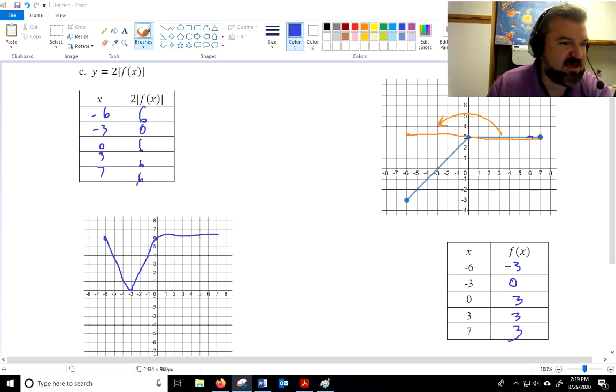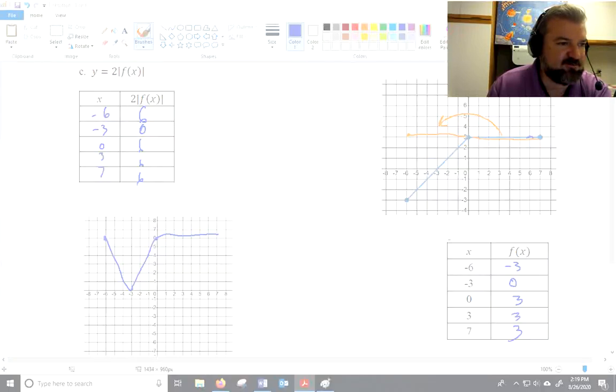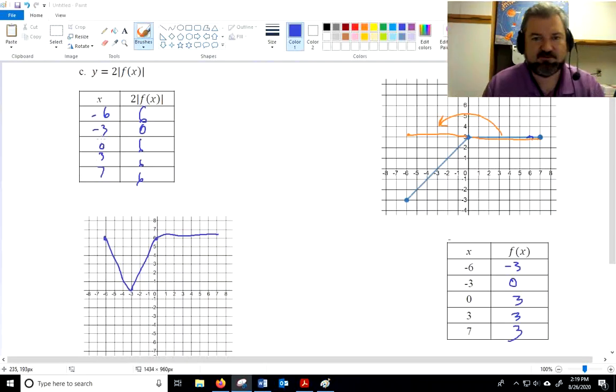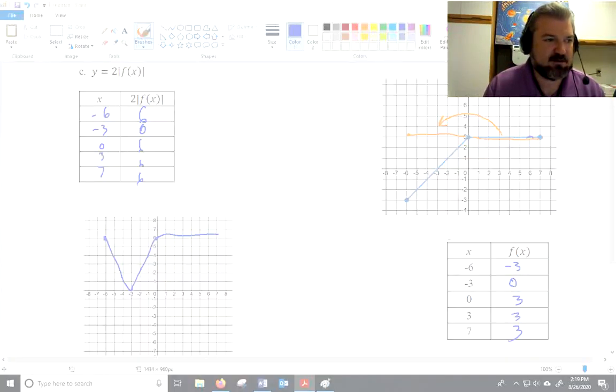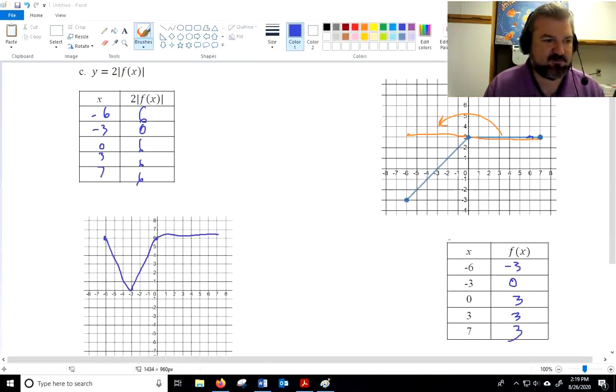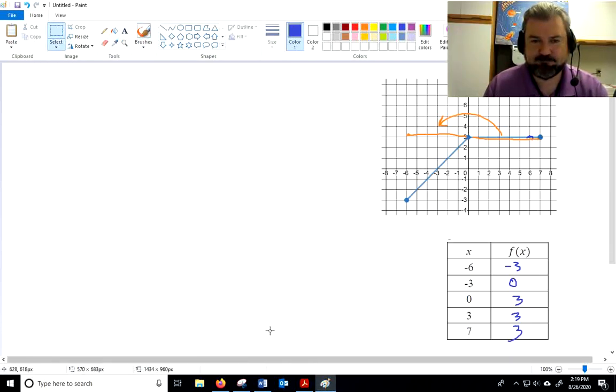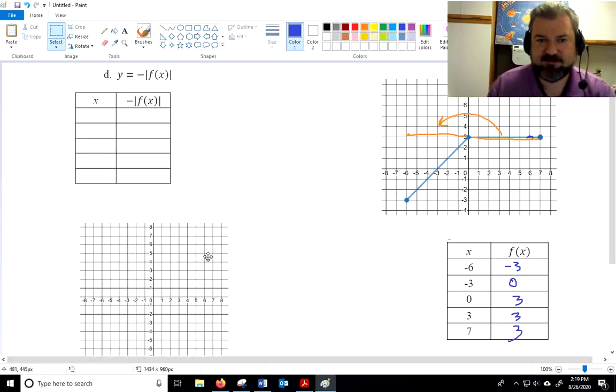And what about when we have a negative with the absolute value? Well, this should take our answer that we had from before and flip it downwards. So let's take a look at that one, make sure we got that. Okay, so we have negative. I'm not changing the input. There's nothing inside the function. So that's all these x values here, we can use the same ones, can't we?